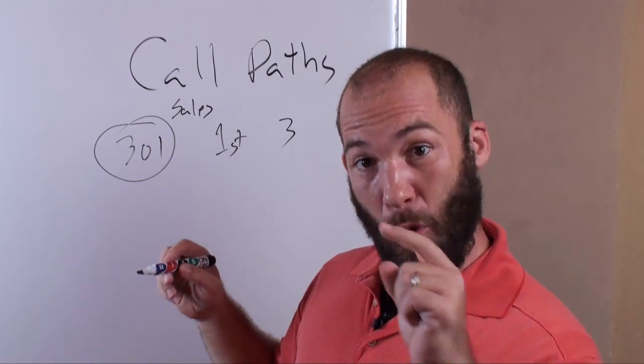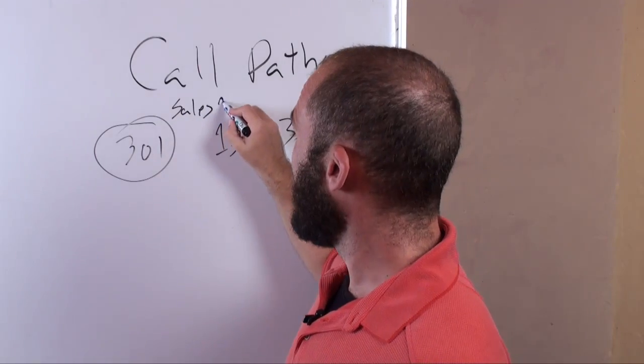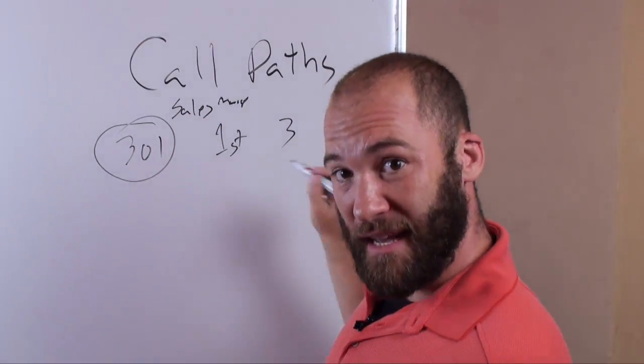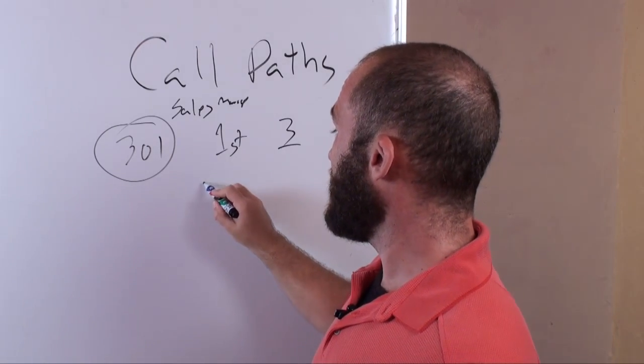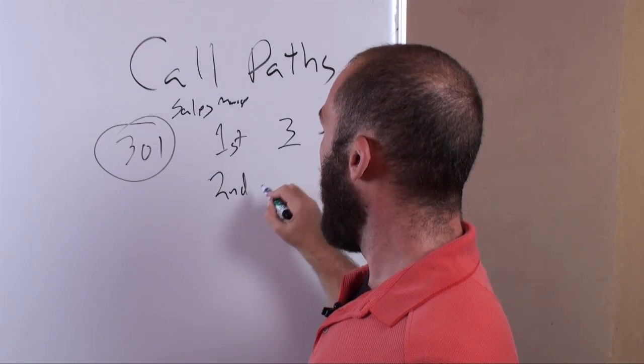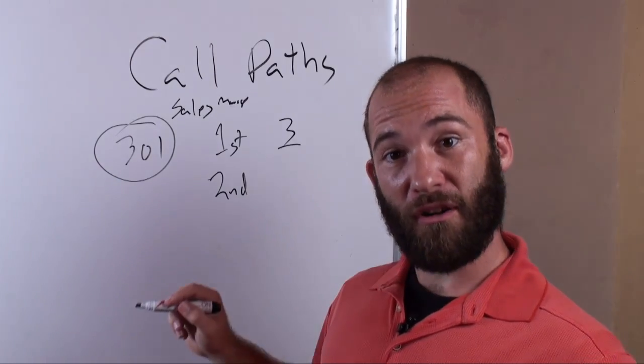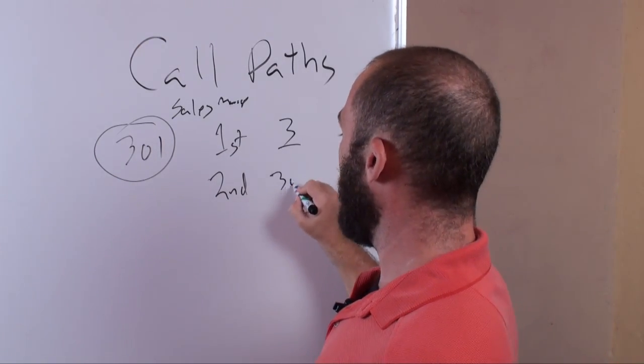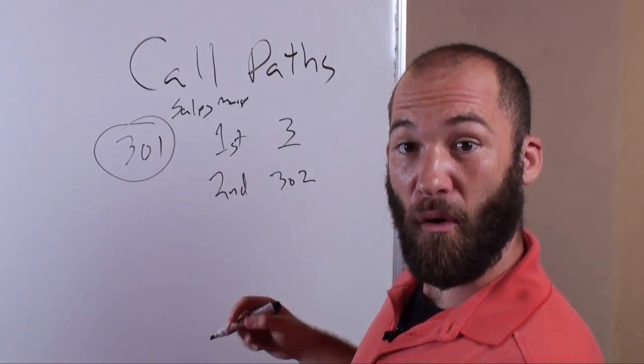Let's say this is the sales manager. If the sales manager does not pick up after 3 times, then I want the phone call to be forwarded to the assistant manager's extension at, let's say, 302 to ring for 3 times.